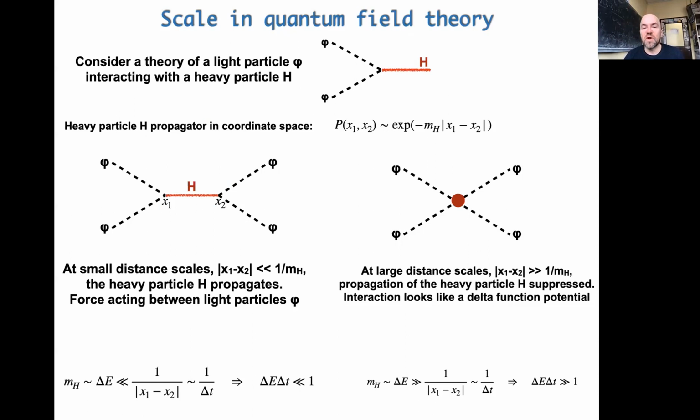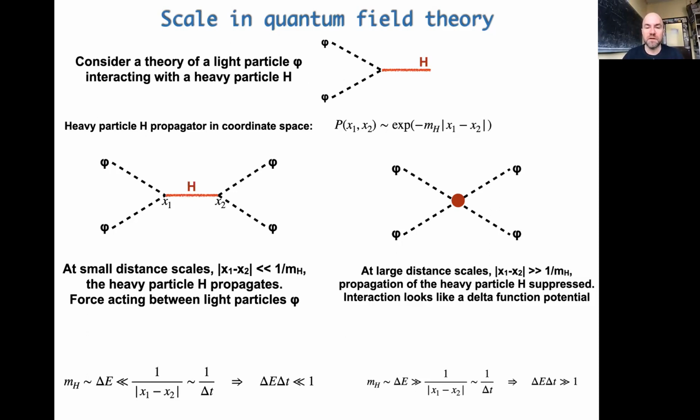These two interact with each other, and we have this interaction vertex between the two particles phi and the heavy particle h. Now we are interested in this theory in the scattering of two light particles phi into, again, two light particles phi, which will be mediated by this heavy particle h.